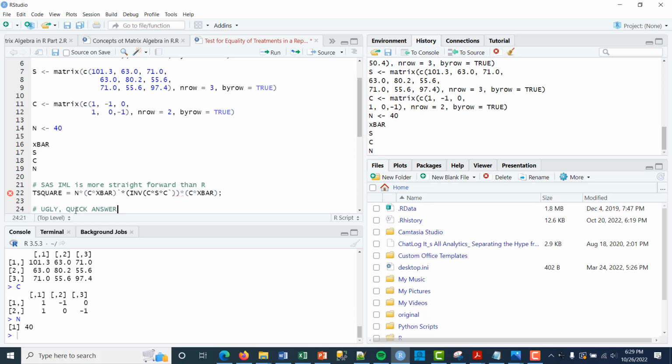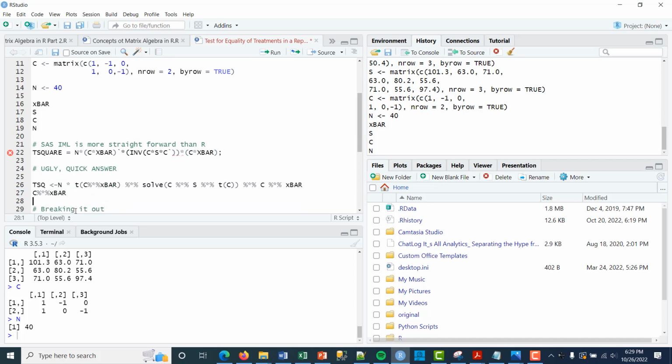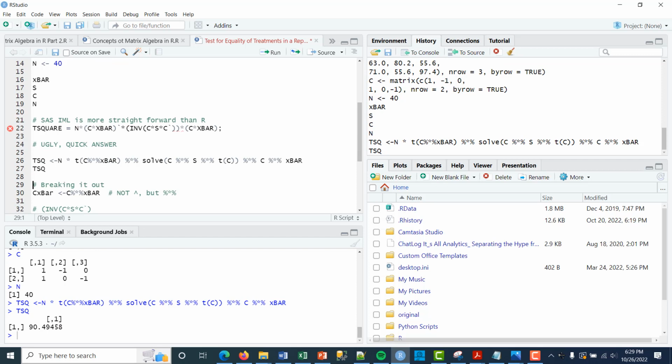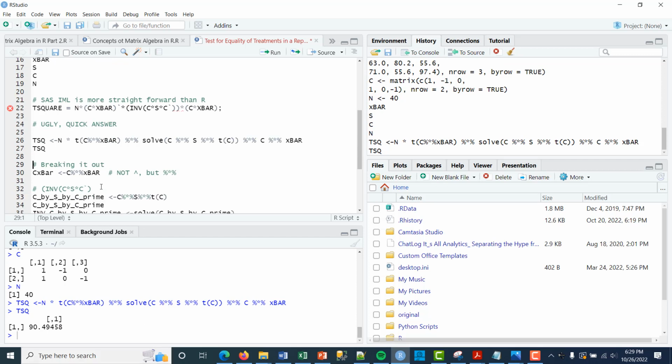The ugly quick answer is just this. There are just a couple of little nuances. So if you want to go straight to it, we'll do this, and then I'll calculate that out. And then if I wanted to see what that was, TSQ, and then we get down here 90.49. So that is a big number right there.